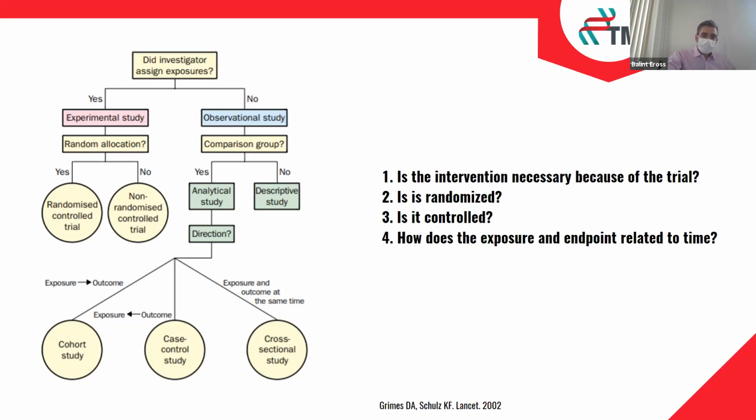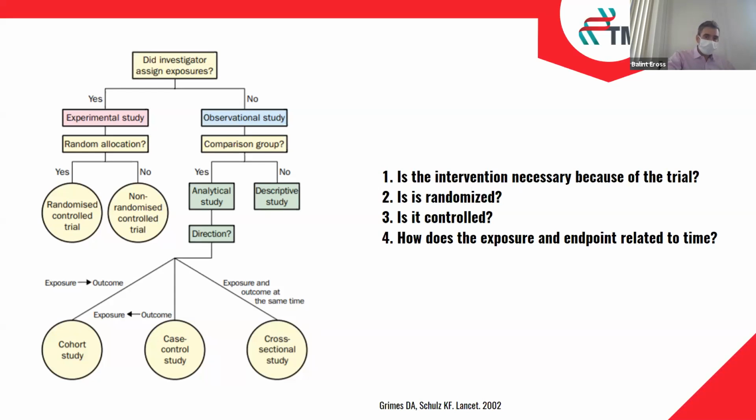So if the intervention is necessary because of the trial, then we are talking about an experimental trial. And if this intervention is randomized, which you will understand by the end of this session, then we're talking about a randomized trial.